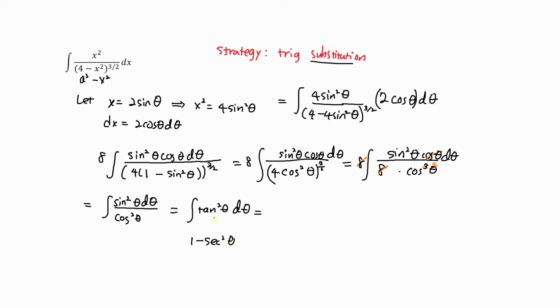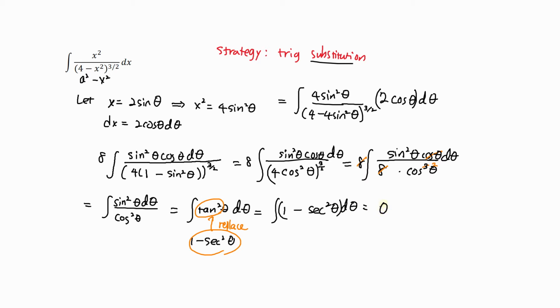So I'm going to replace it instead of tangent squared theta. The reason is that 1 is easy to integrate, and integrating secant squared theta is going to give you tangent theta. So one minus secant squared theta, and then you have d theta.